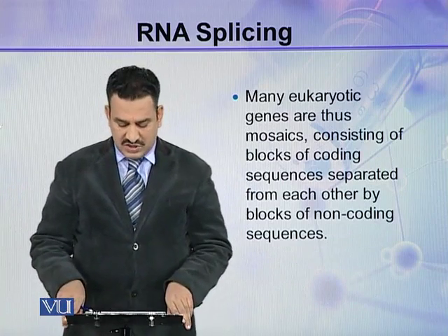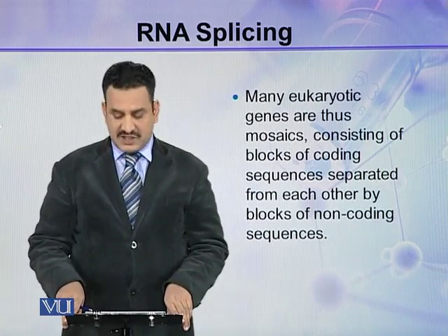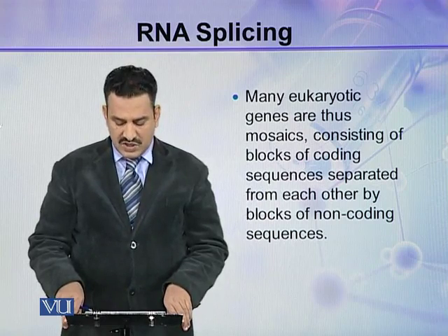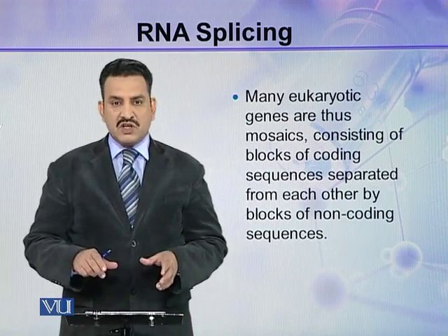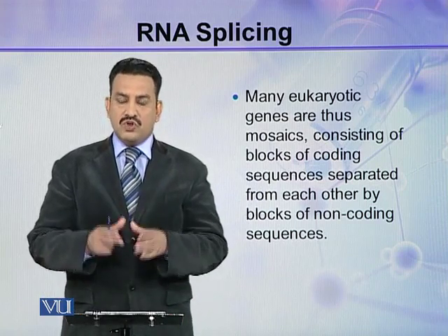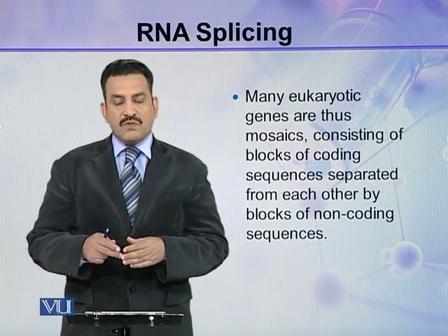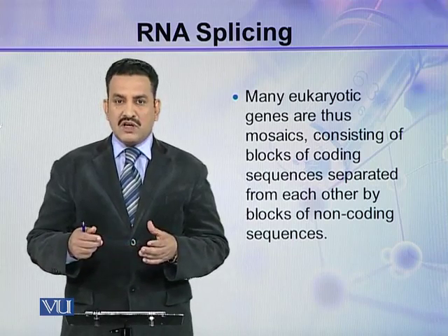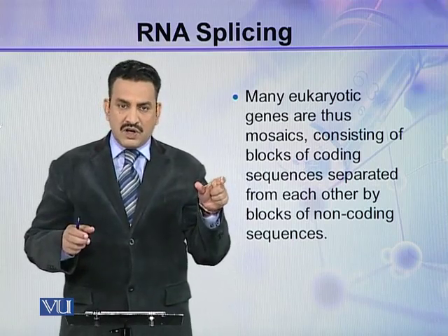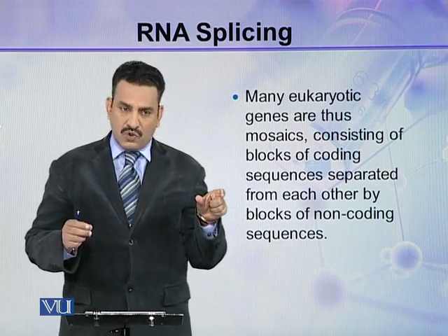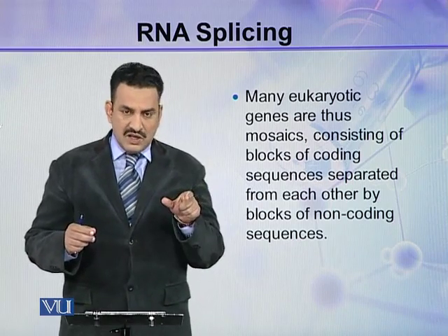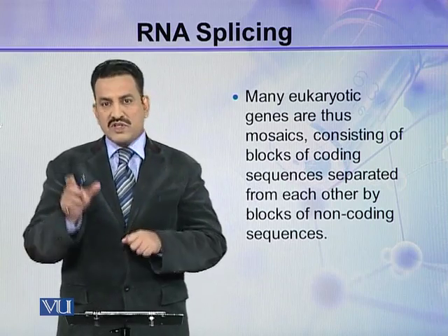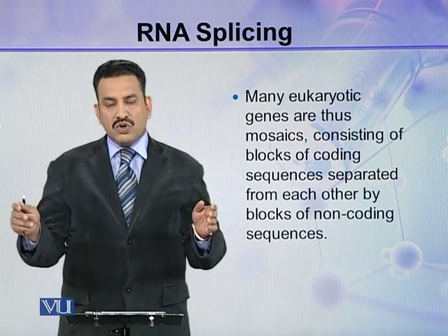Many eukaryotic genes are thus mosaics, consisting of blocks of coding sequences separated from each other by blocks of non-coding sequences. So if we see a eukaryotic gene, it will consist of a small coding sequence, then a small or longer non-coding sequence, then coding sequence, then maybe a long non-coding sequence.